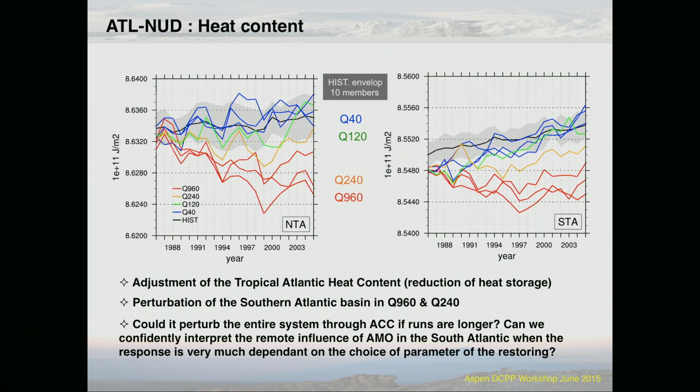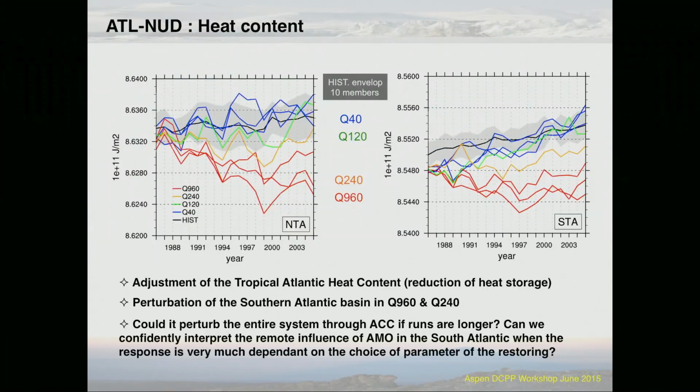And the interesting thing also is that even if in that case the surface temperature is controlled because of the restoring, in the South Tropical Atlantic it's not controlled at all. And the heat content is also decreasing because you're accelerating all this meridional circulation. So you get temperature anomalies in the southern North Atlantic, but then you affect the entire system.